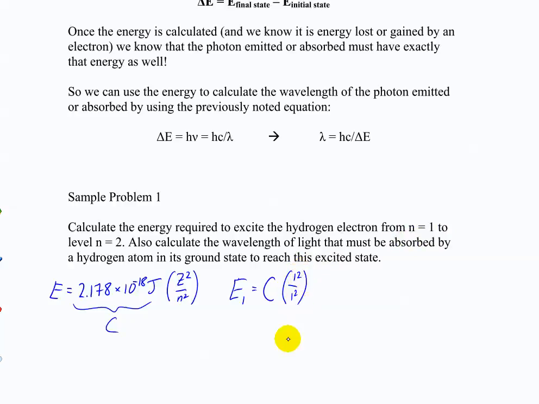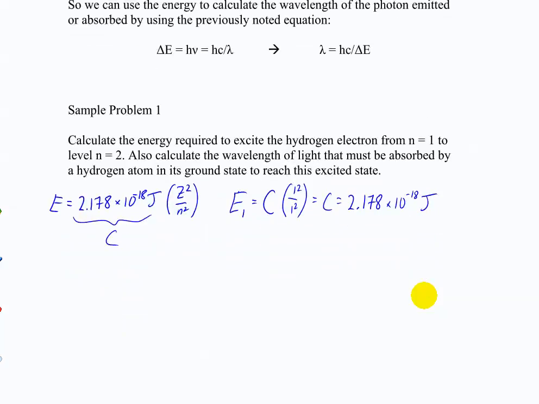So 1 squared over 1 squared is 1, and that equals C. So the energy of the ground state, first level of hydrogen, is this much. That's how much energy an electron has in the n equals 1 shell of hydrogen, according to the Bohr model. And we can do the same thing for the energy in the n equals 2 shell.